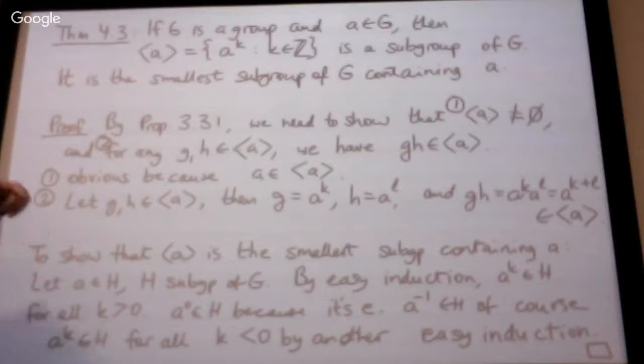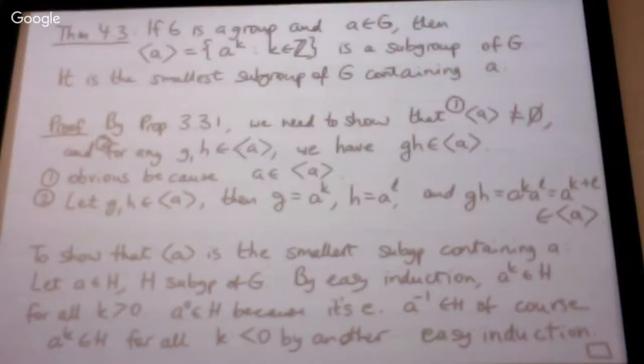Then there is some A to the K which is not in H. Among all these different Ks, I take the smallest one. So A to the K is not in H, and it's the smallest K with this property. So A to the L for all L smaller than K is already in H.